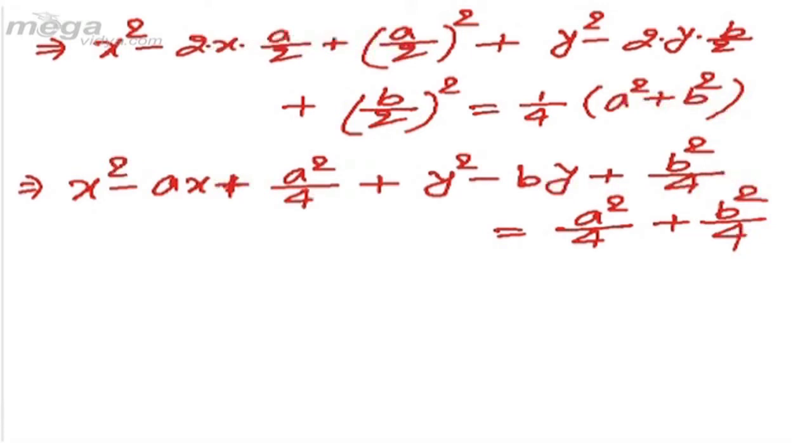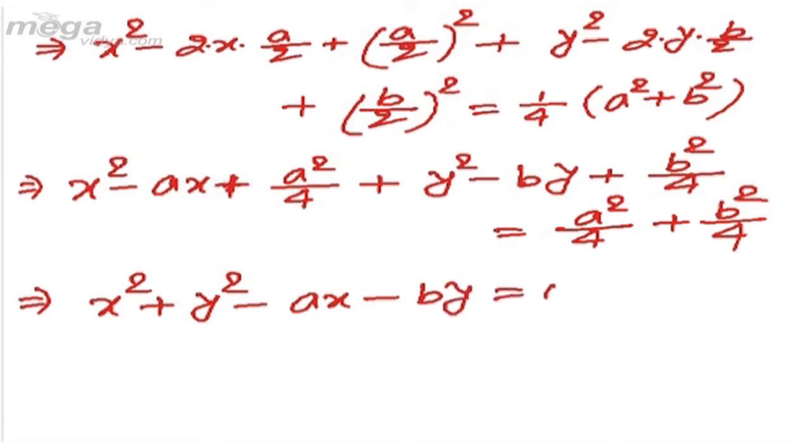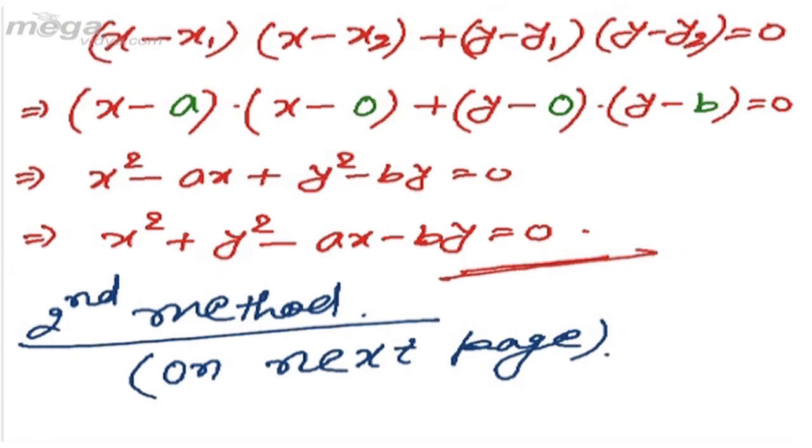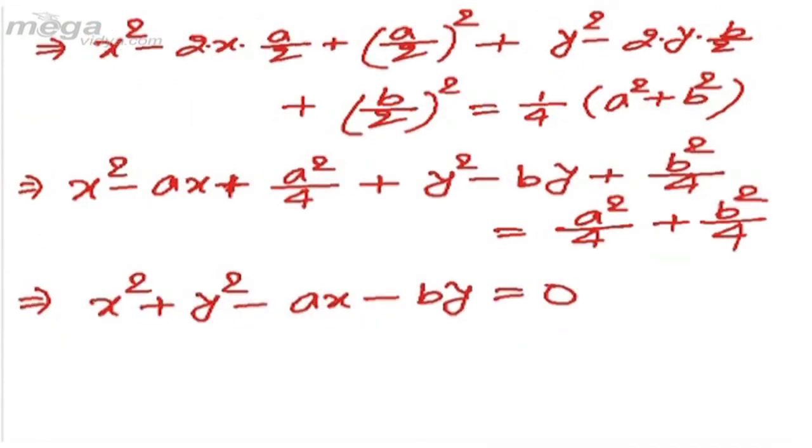This a square by 4 gets cancelled, b square by 4 gets cancelled, and then you will finally get x square plus y square minus ax minus by is equal to 0. In the first method you got the same answer, and in the second method you get the same answer.